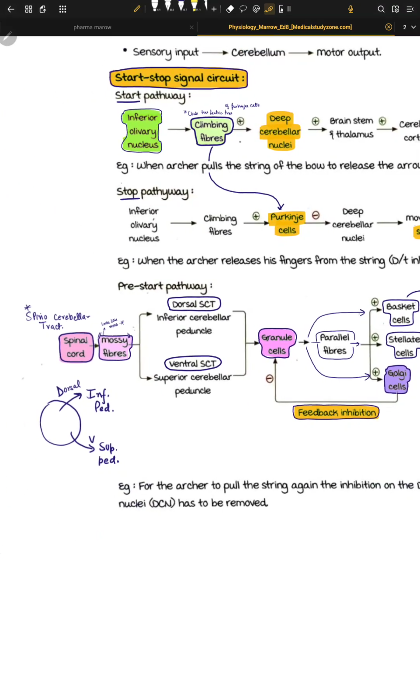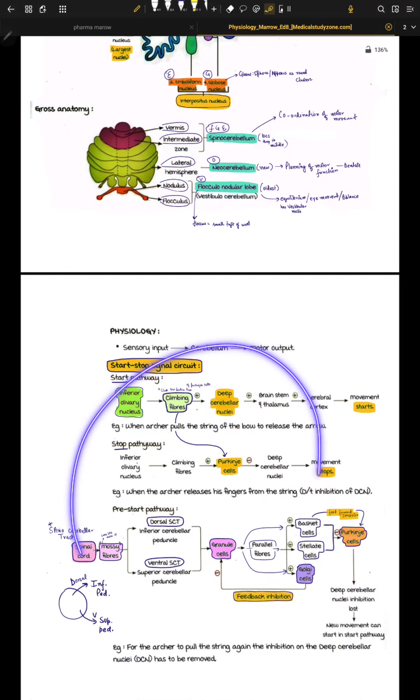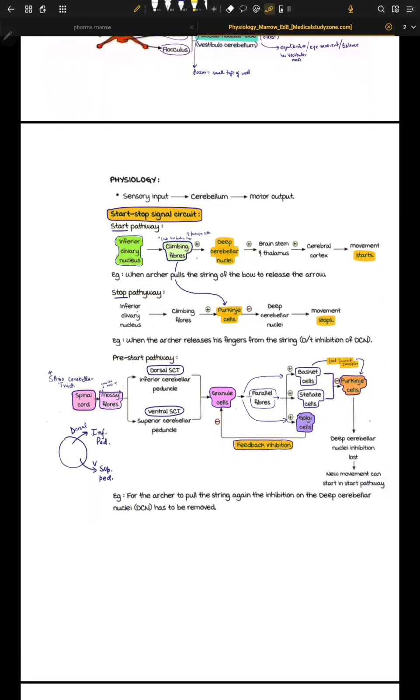So the whole circuitry is very simple. It's not complex at all. What about the archer? For example, the archer pulls the string. The inhibition of the deep cerebellar nuclei has to be removed, because the deep cerebellar nuclei make sure that the movement starts.